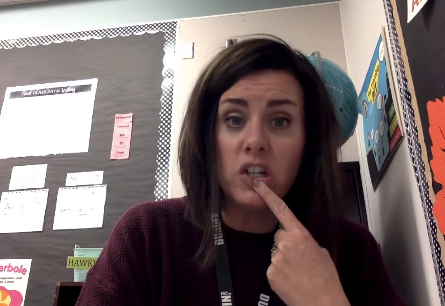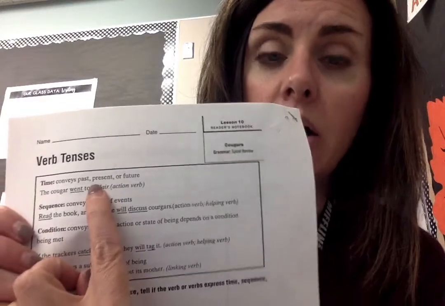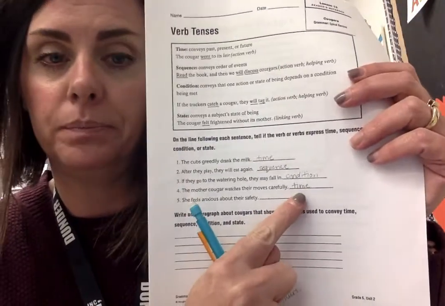It doesn't list more than one thing, so I can't see a sequence. It's going to be time. Now, the part that might be confusing is watches means she's doing it right then. It's present tense, right? Well, we can have a present tense in our time, right? So we're going to put time. There we go, we got time.